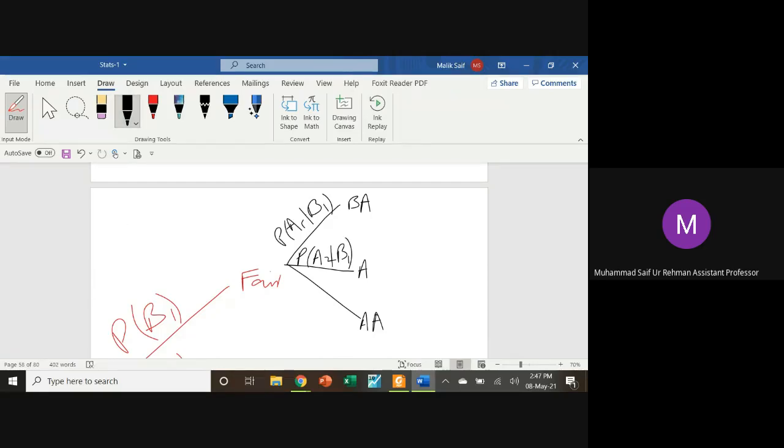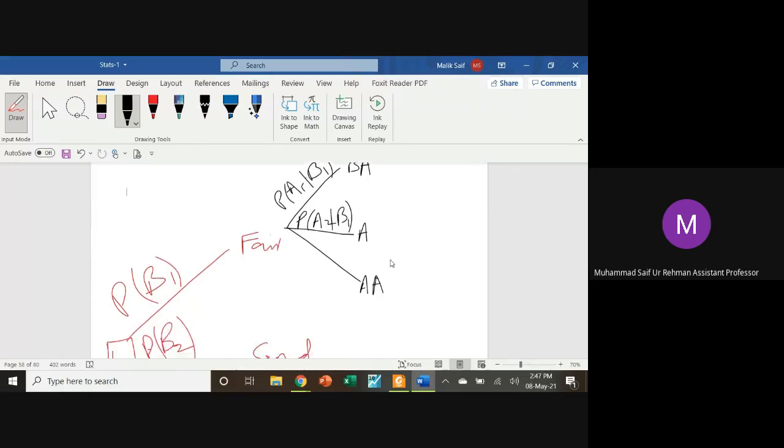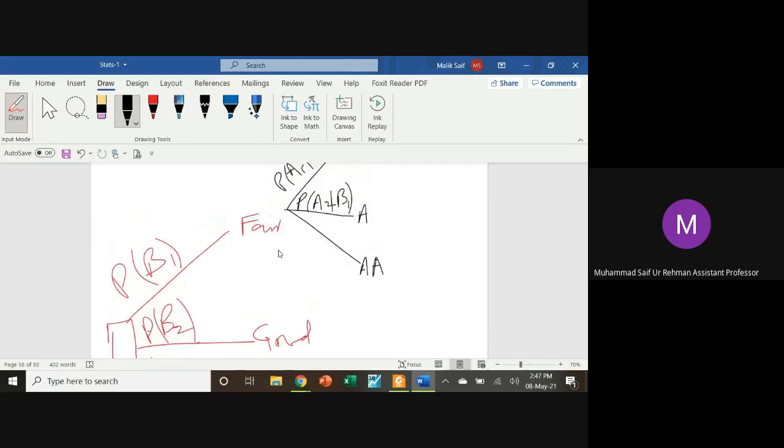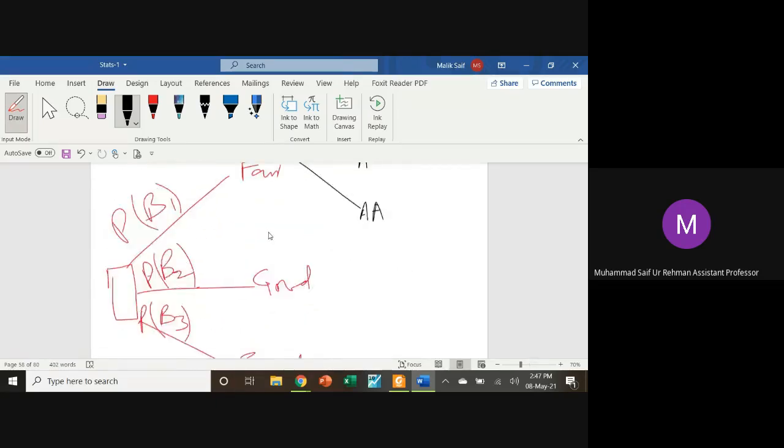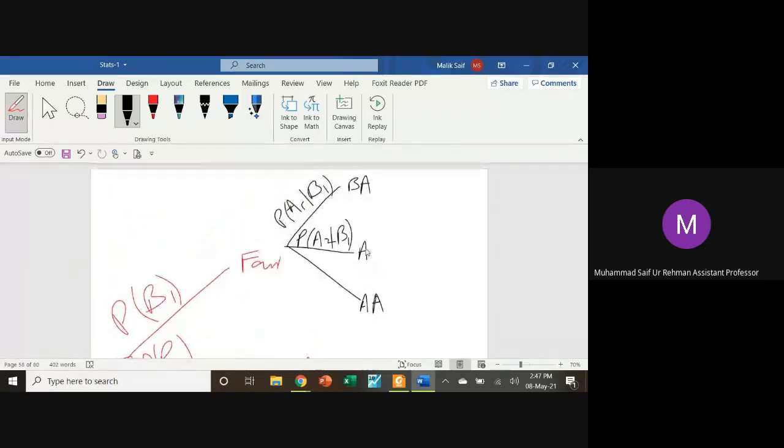Okay. So here, if you are confused in this, you may write down B1, B2, B3 over here. I think you are not confused. You can handle it. You may write down over here B1, B2, and B3, or you may write down fair, good, and excellent. So it's up to you. Similarly, you may write down over here A1, A2, and A3. So what should I write?